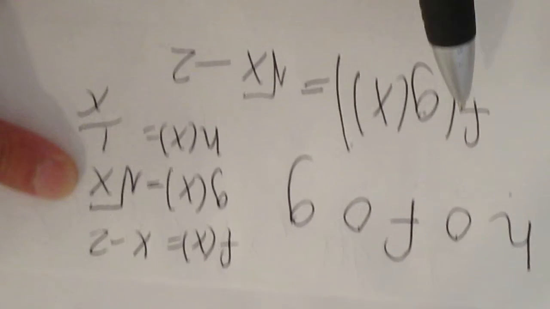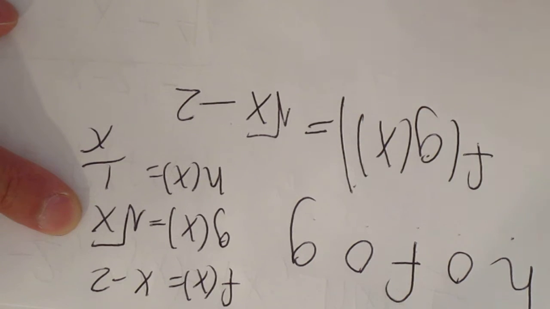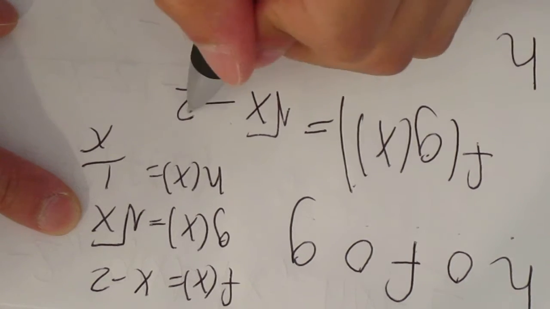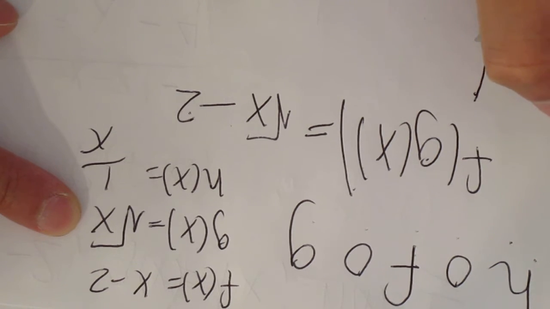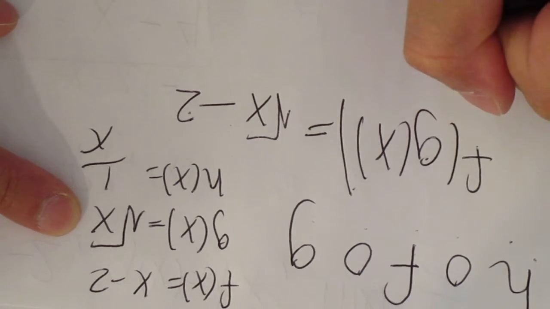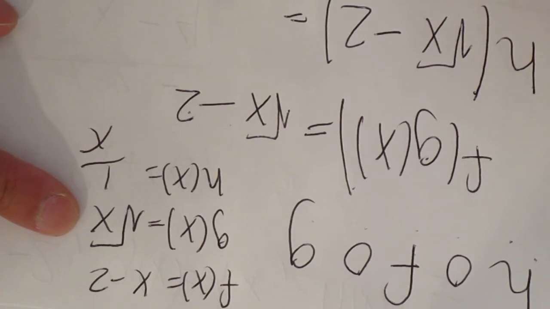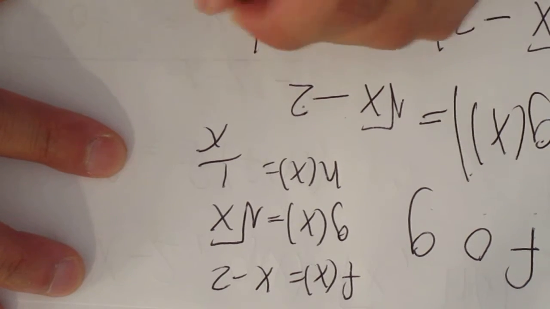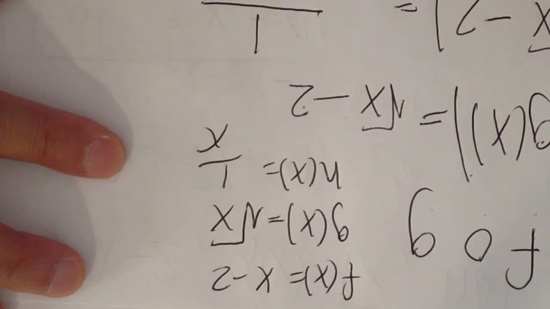And whatever that answer is, the next step is plugging this into h. So it's h of square root of x minus 2. And h is 1 over x, so it's 1 over square root of x minus 2.